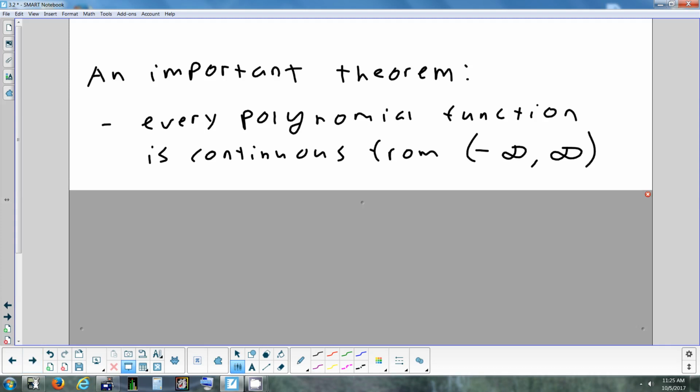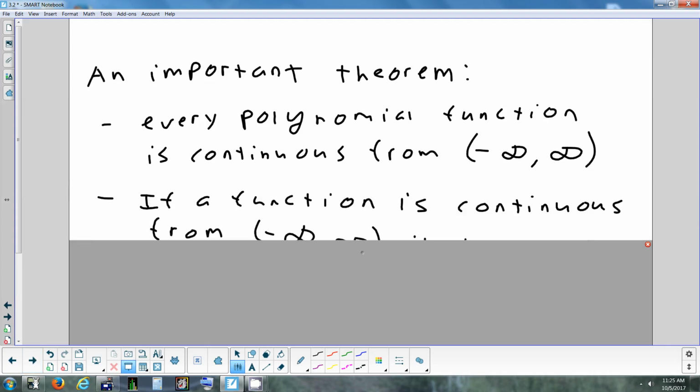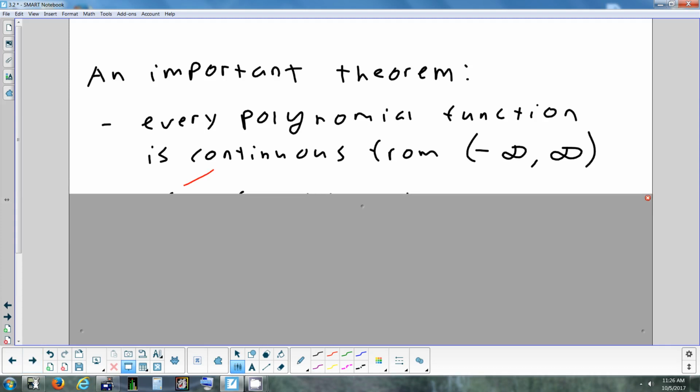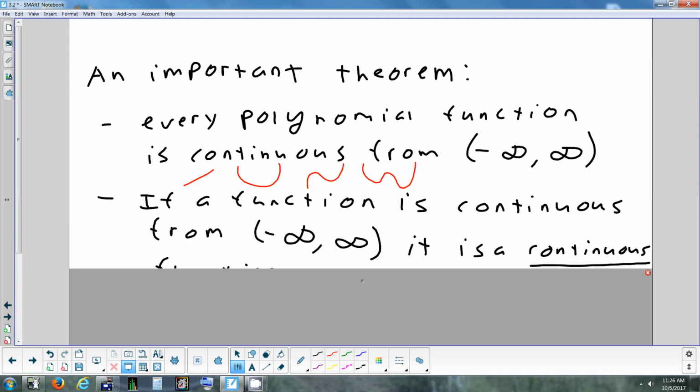Whether it's a line, that's a polynomial. A parabola, it's a polynomial. Cubic, or we even got into like some W-shaped things yesterday. I can draw any type of polynomial without ever lifting my pencil. Always.